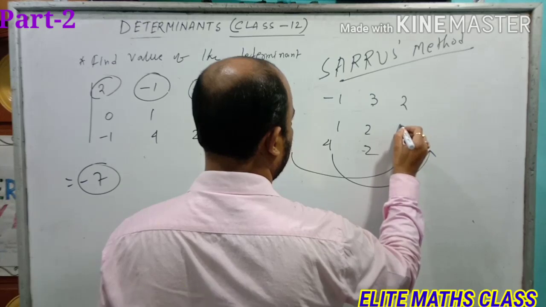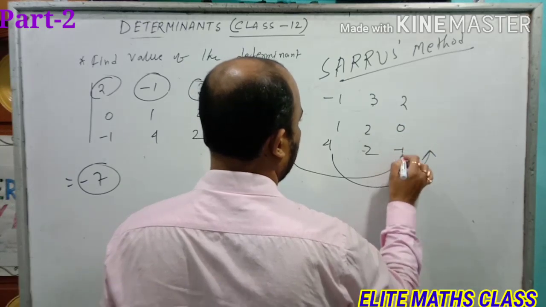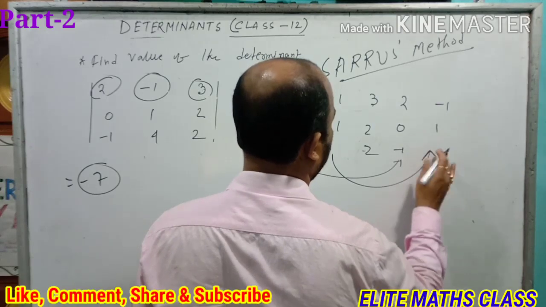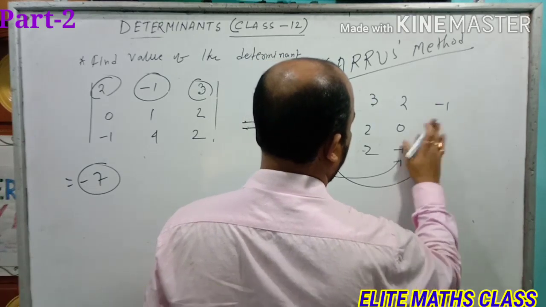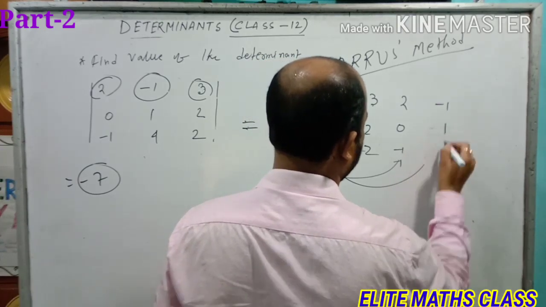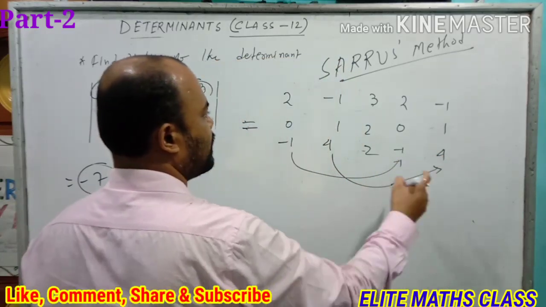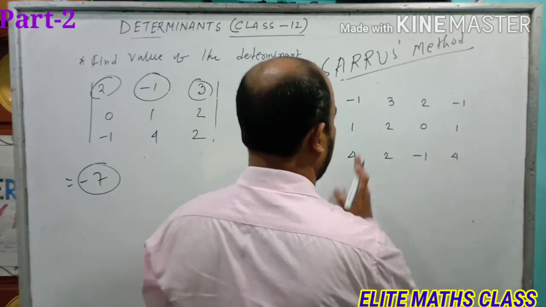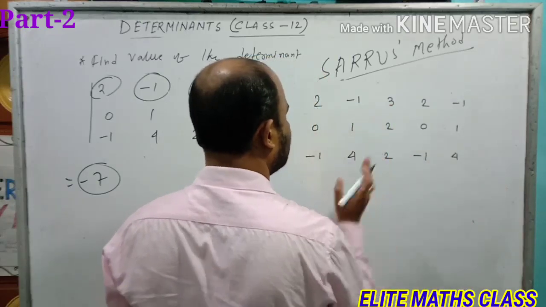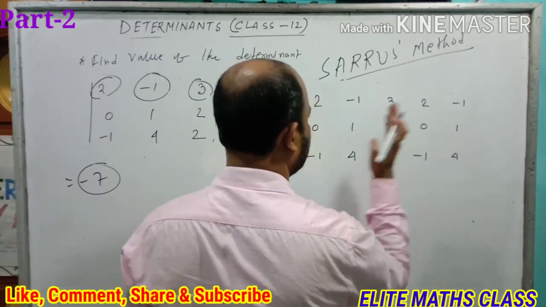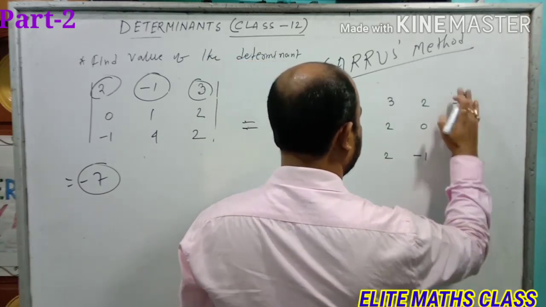So it is 2 0 minus 1, then repeat the second column, minus 1 1 4. By this you can remember. So here we have written first the given 3 columns, that is the given determinant, then you repeat the first column in the 4th position and the second column in the 5th position.